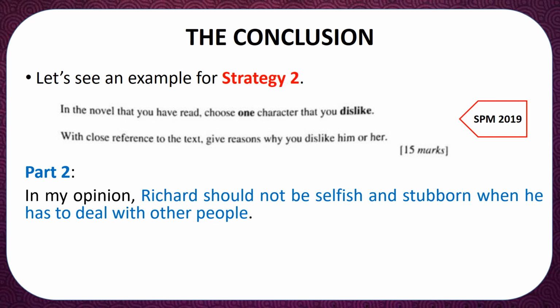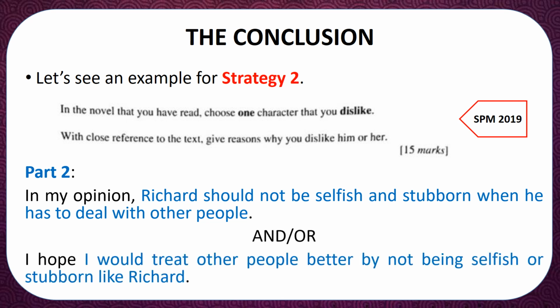So for your hope, I hope I would treat other people better by not being selfish or stubborn like Richard. Because this question asks about negative trait, you should not want to be like that. But if the question asks you about positive traits, then of course you want to be like Richard, like the one we've seen in strategy 1.